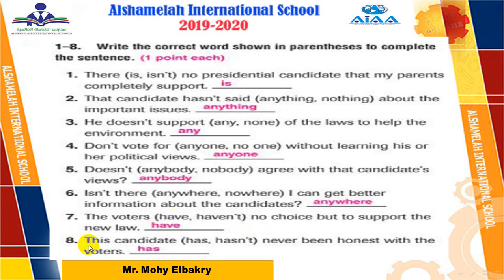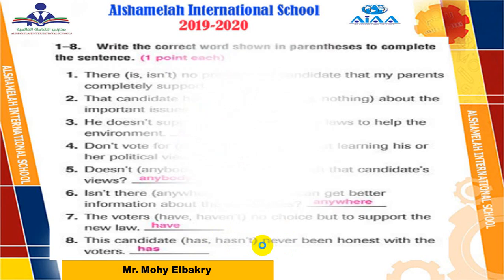Number eight, this candidate has or hasn't never been honest with the voters. Here we have never also referred to negative, so don't use double negative. So it will be has, not hasn't. Why, mister? Because we have never referred to negative, and as I said before, don't use double negative.